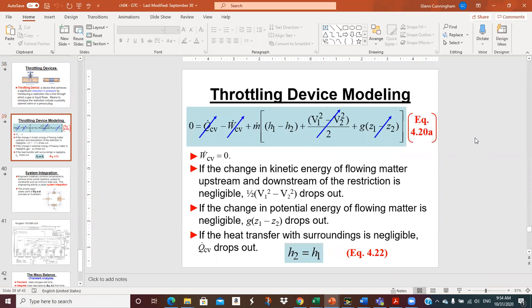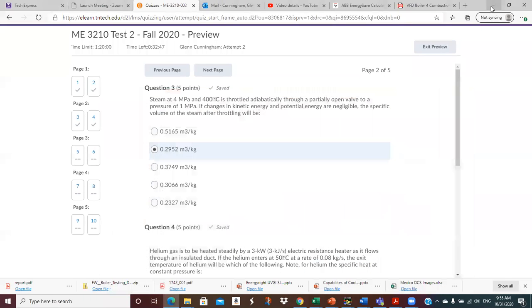And when I apply the first law to it, everything drops out except the m dot times the enthalpies. I can divide the m dot out, and so I get h1 equals h2. That's what the first law says. So I know that the enthalpy is constant across this device.